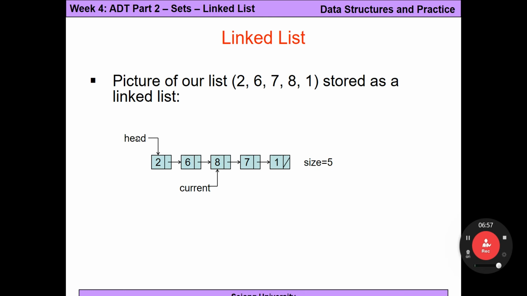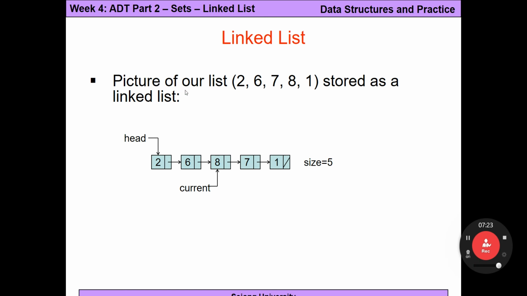You can call it head. It is stored in stack memory, and usually the linked list is in heap memory. So this head carries the address of the first node in the linked list.